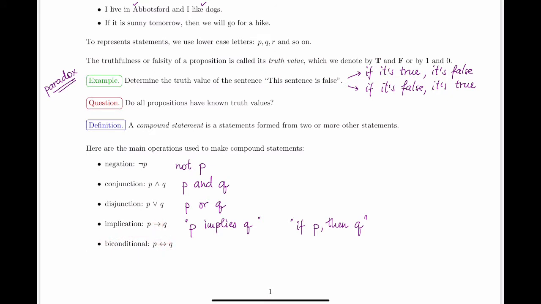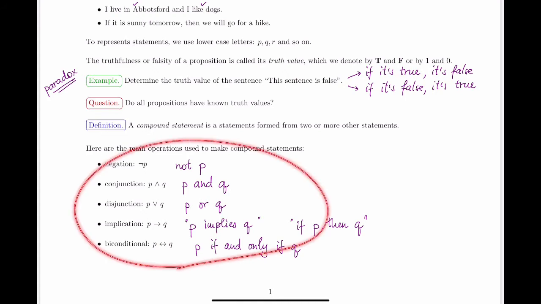We will read it as P if and only if Q. And we will go on to later prove that this actually does mean implication in both directions. So this statement means that P implies Q and Q implies P.